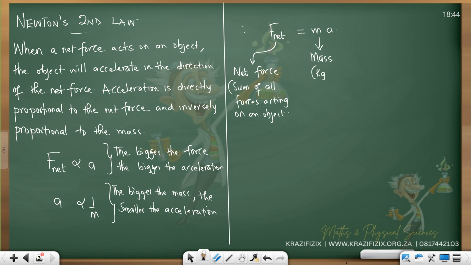Mass is measured in kilograms. Acceleration is the rate of change in velocity, and the unit is meters per second squared.